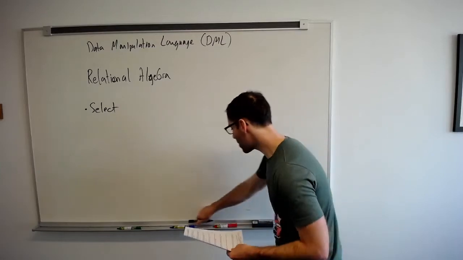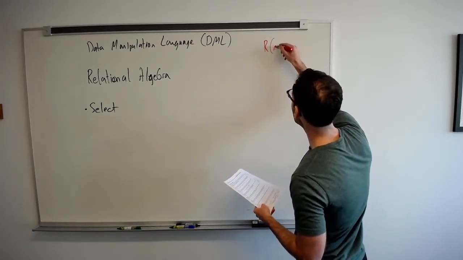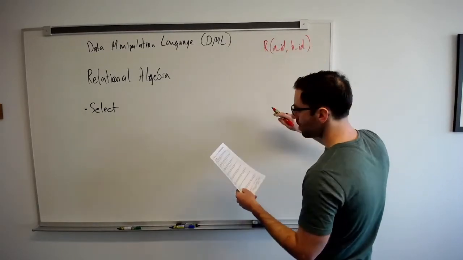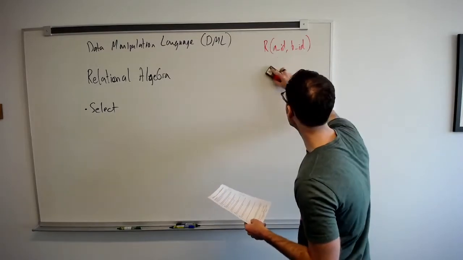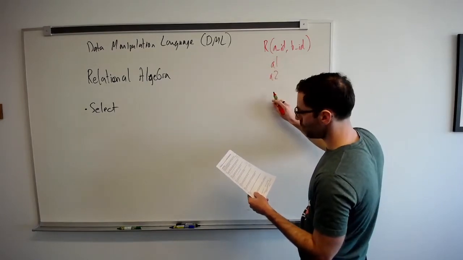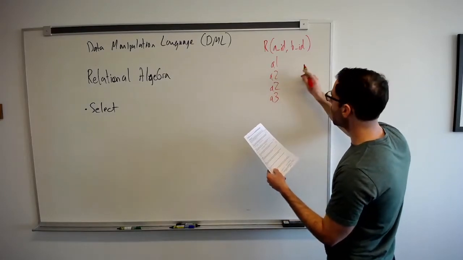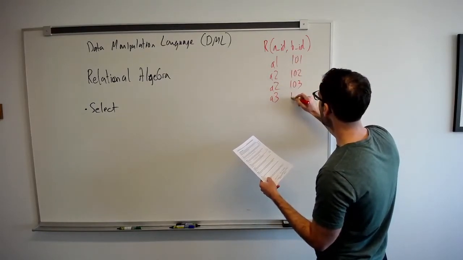So let's get an example relation up here. I'll call it R. It's going to have an AID and a BID. Our AID is going to have A1, A2, A2, and A3, and our BID 101, 102, 103, and 104.